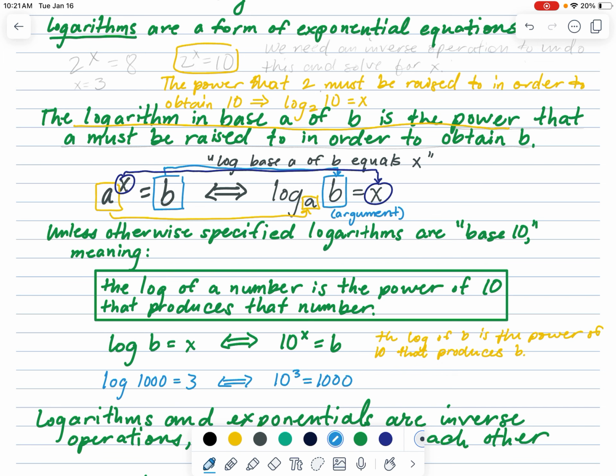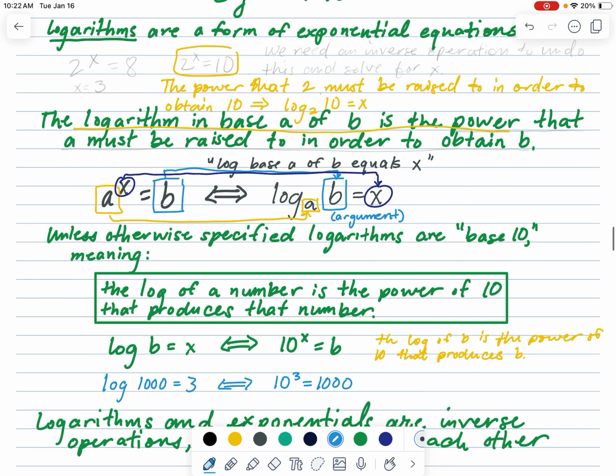Notice in these logs, there's nothing written as the base, as opposed to the example I showed you above where we had the base a. When there's no base written, it's understood to be 10. So no base means an understood base of 10.